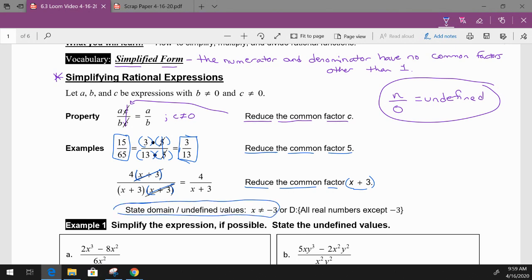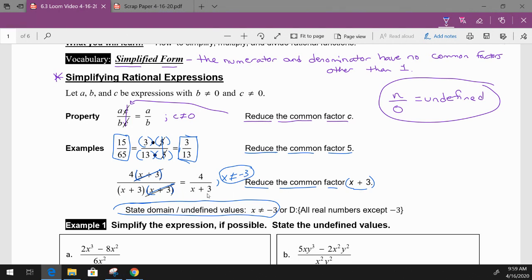This 4 over x plus 3 is equivalent to what you started with, as long as x does not equal -3. If you're wondering where that -3 comes from, look at the binomial x plus 3: what value of x would make the denominator equal to 0? -3 would be that value.